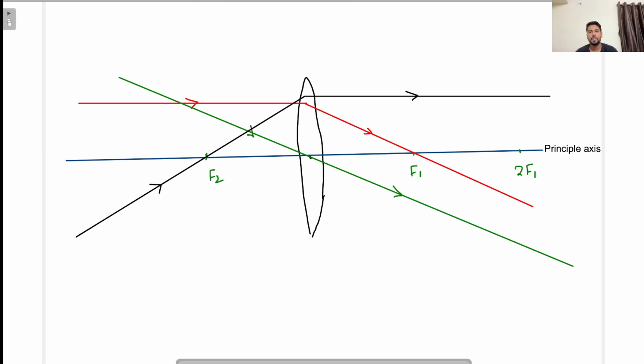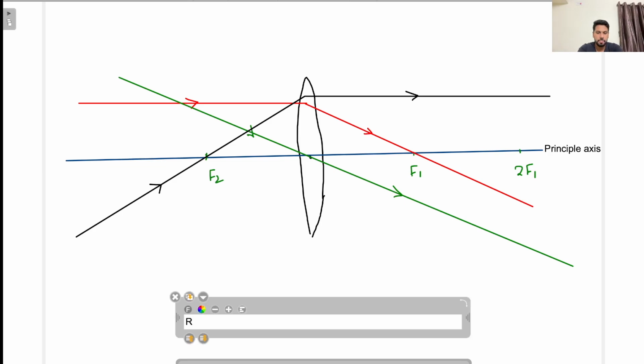Right? Now, these are the 3 rules of ray diagram. Understood? These are the 3 rules of ray diagram. So what you have understood now? Rules of ray diagram.